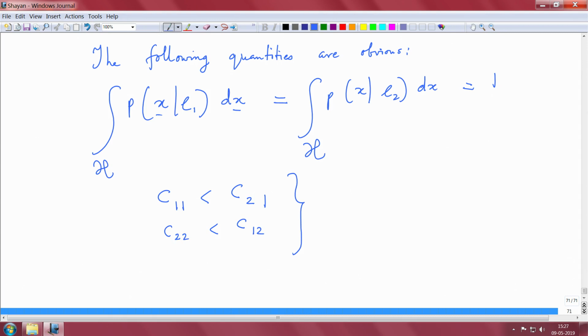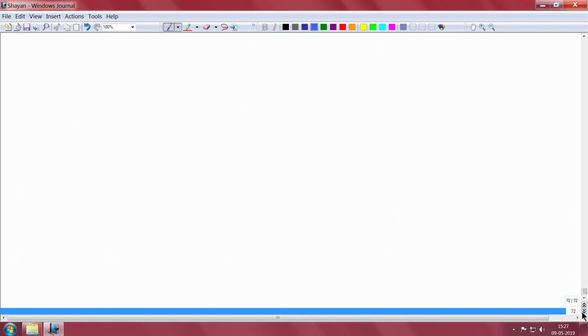Now, with this we will simplify the risk associated with the 2 class problem. So, let us rewrite this risk again. R is C11. So, you should be now comfortable with Cij's. That means Cij, j is a true class label and i is what you are classifying the data point as.